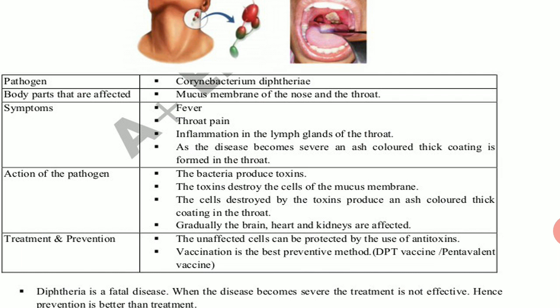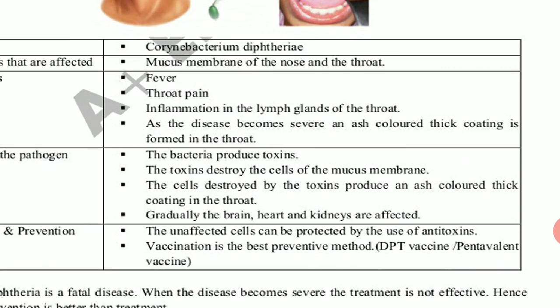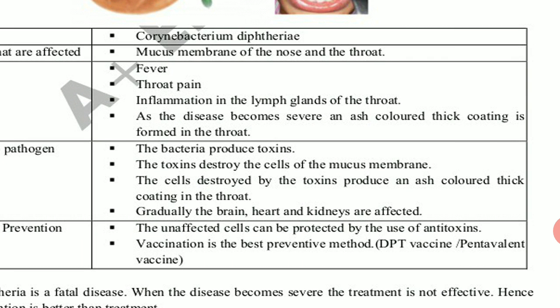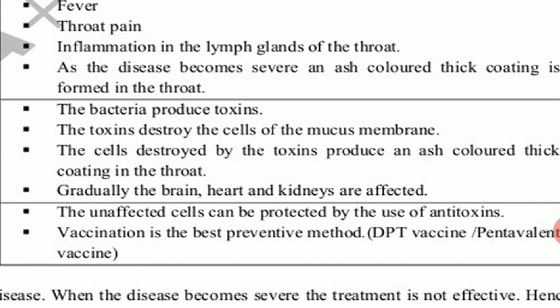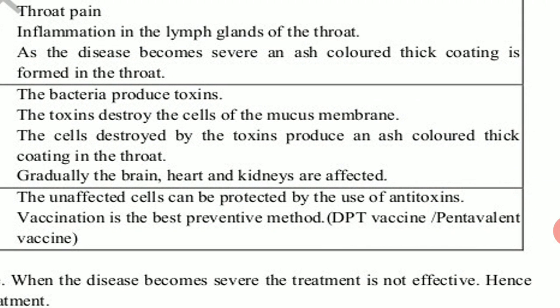This is one of the medicines given by doctors. Then vaccination. There is vaccination for preventing this disease. Beforehand you can take vaccination. The name of the vaccine is DPT vaccine or pentavalent vaccine.